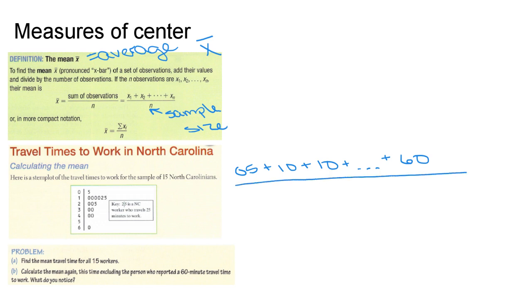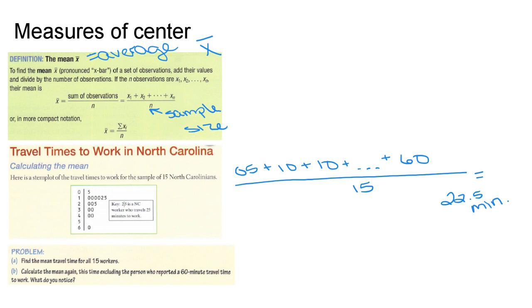And it was over 15 North Carolinians divided by 15, and go ahead and get your answer here of 22.5 minutes. Okay, so that would still count as fully showing your work if you were asked to show your work, by listing it like that.